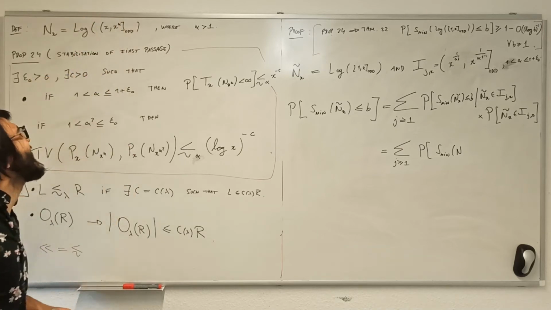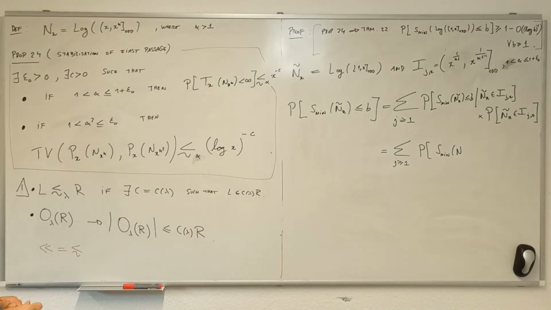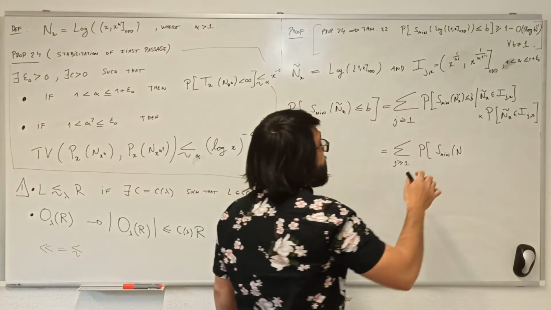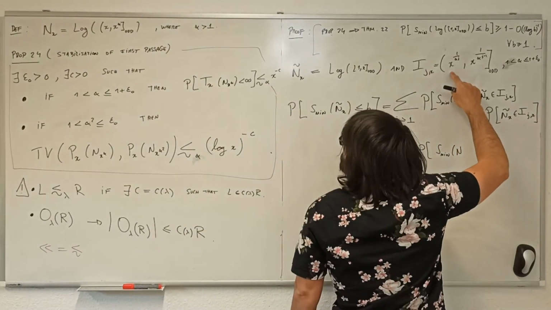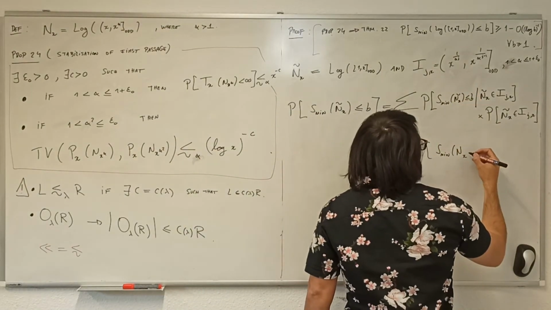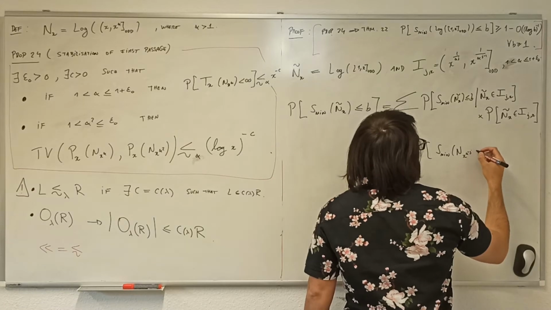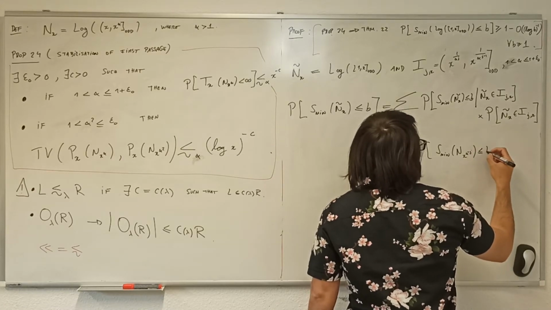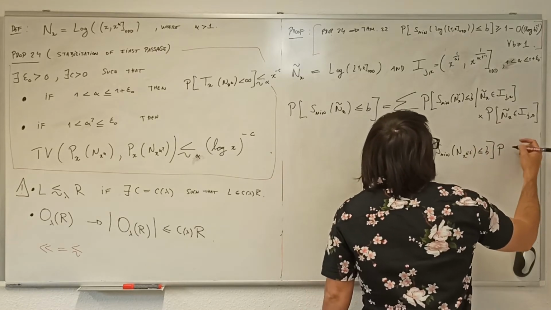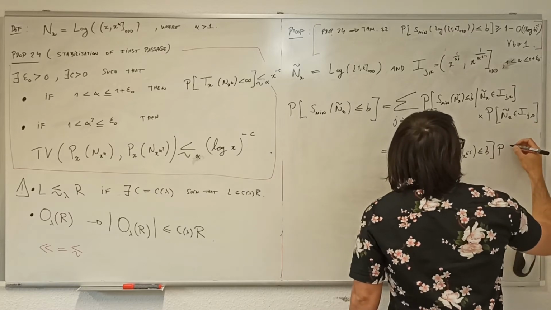So it's exactly the first guy that should appear, x to the alpha to the minus j, less or equal than b, and then the probability of being here.